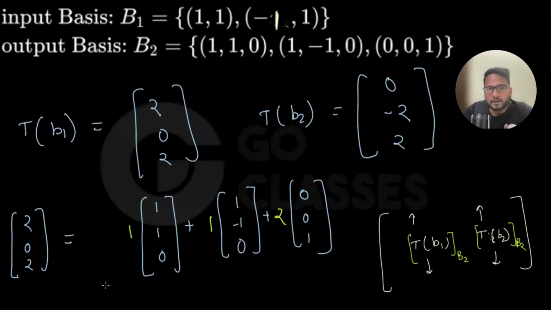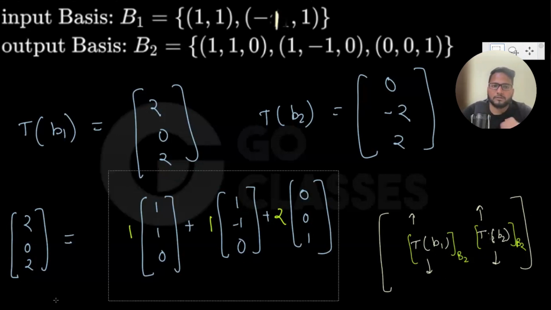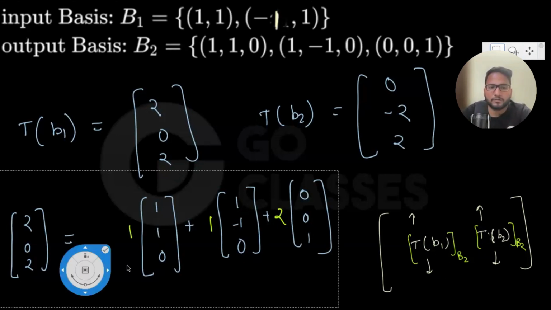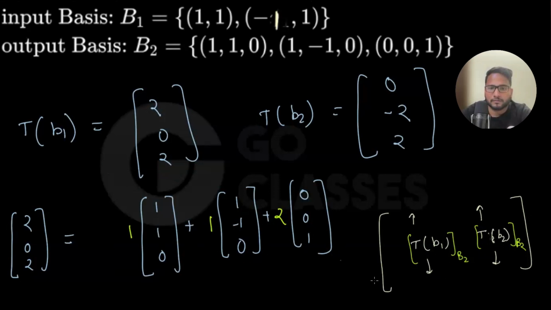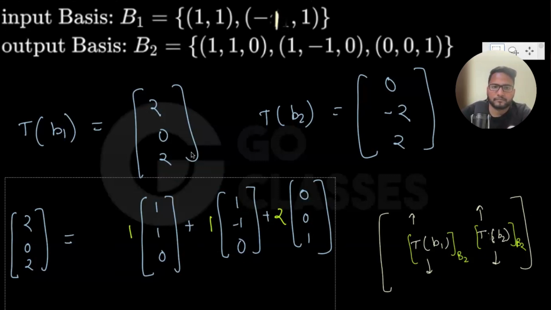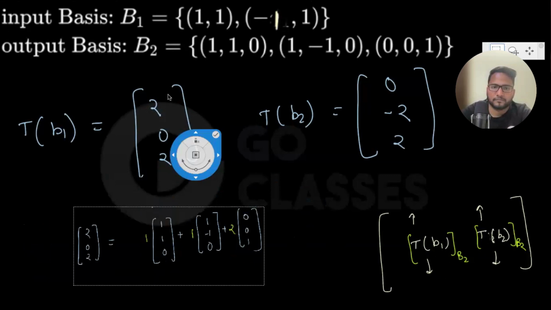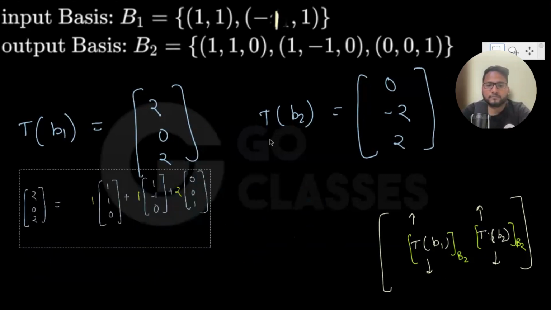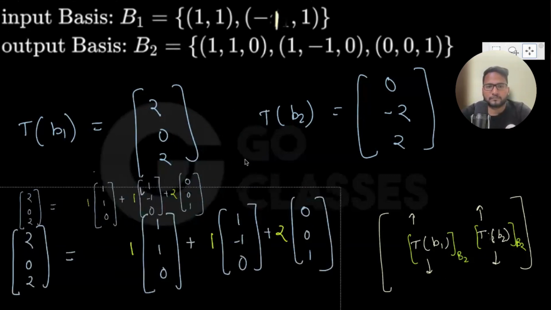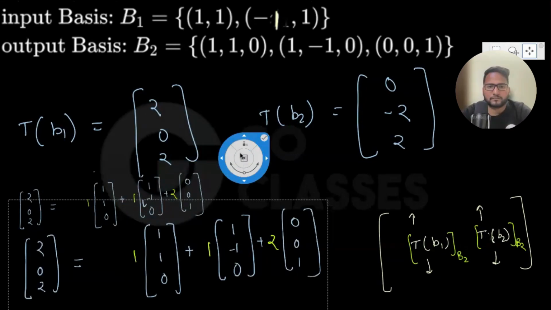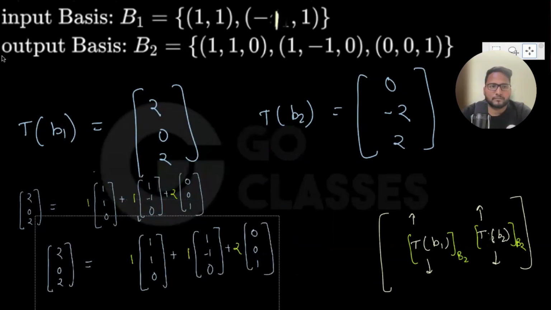Now again, let's just find out the second vector. See, this is the first vector. Okay. So the second vector is this. Okay.